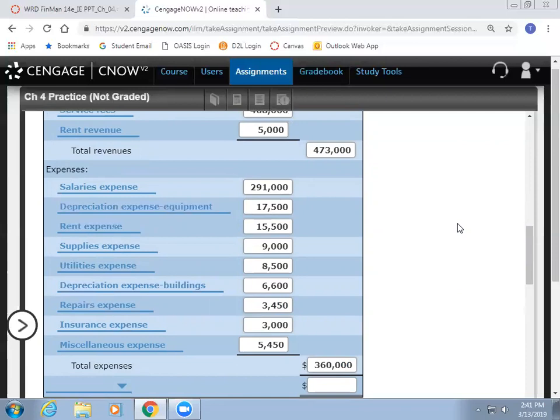And what's my net income? Very good, $113,000. So again, revenues minus expenses. Revenues are greater than expenses, so we actually have a net income. Yay!